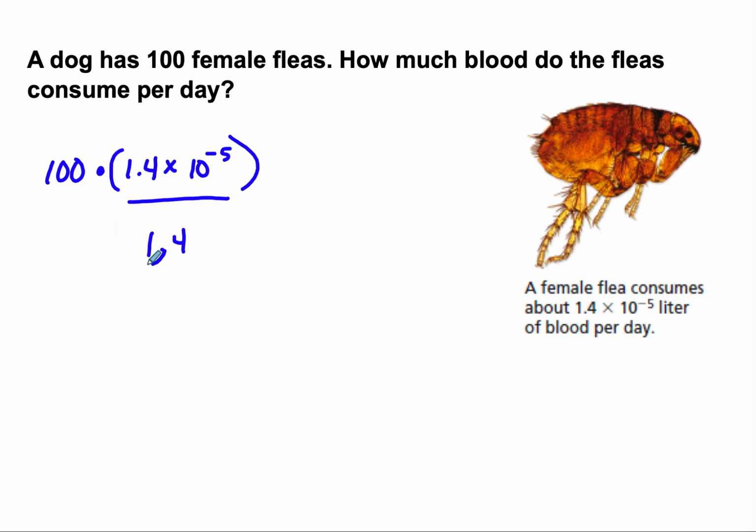All right, 1, 2, 3, 4, 5. There's my decimal. And I fill in my numbers. Okay, so I have 0.0000014.